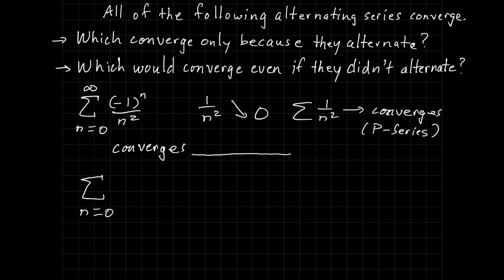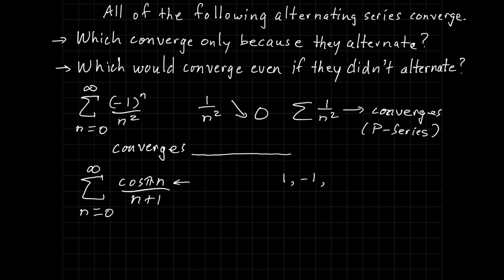I do n equals 0 to infinity, and I'm going to do the cosine of pi n over n plus 1. Now confirm that this alternates. So the cosine, let's plug in n equals 0, I would get the cosine of 0, which is 1. So again, I'm just going to look at the top part to confirm that the top part alternates. If I plug in n equals 1, I get the cosine of pi, which is negative 1.